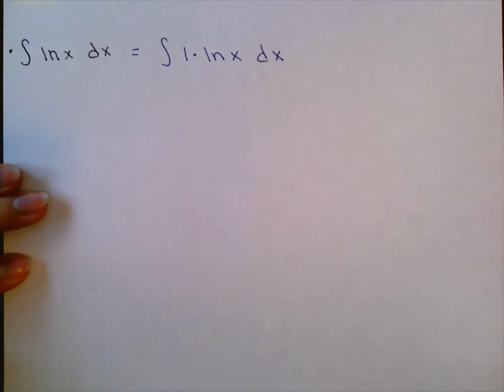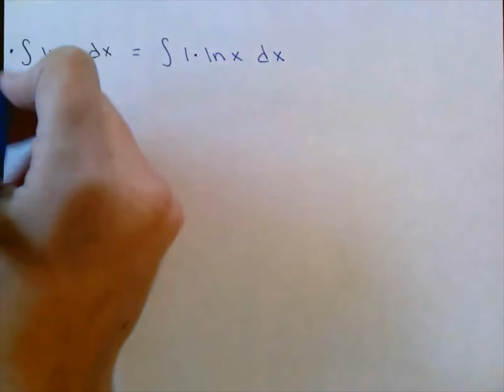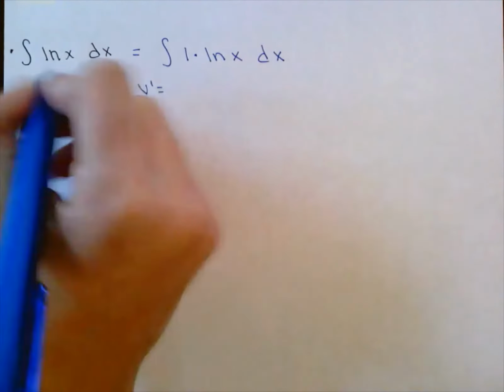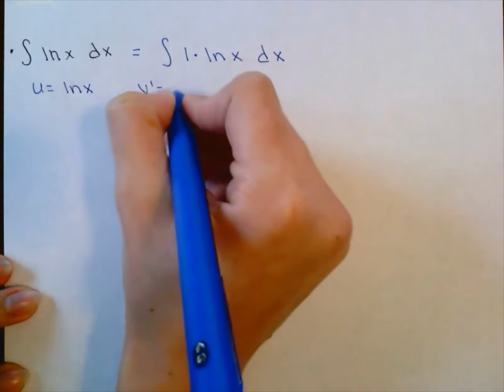Now, if you remember that chart at the beginning of this video where I said to pick u in the order of L-I-A-T-E, that L stands for log. Anytime you have a logarithm, that should be your u, okay? So we'll put ln of x as my u and my v prime as 1.